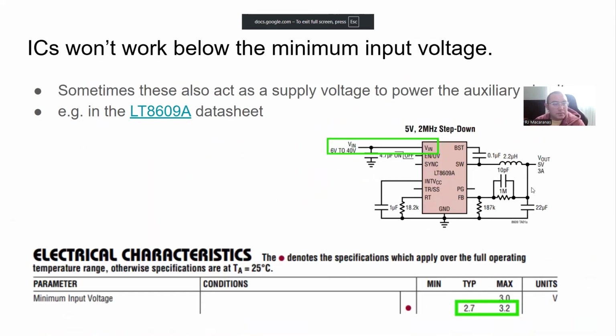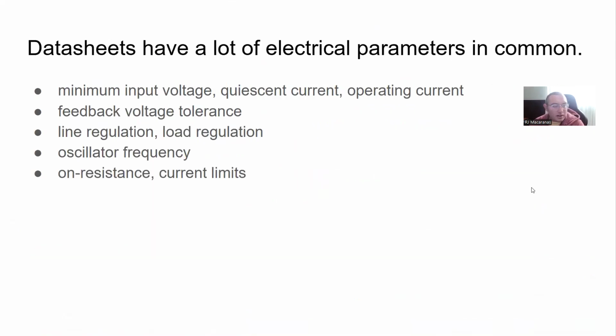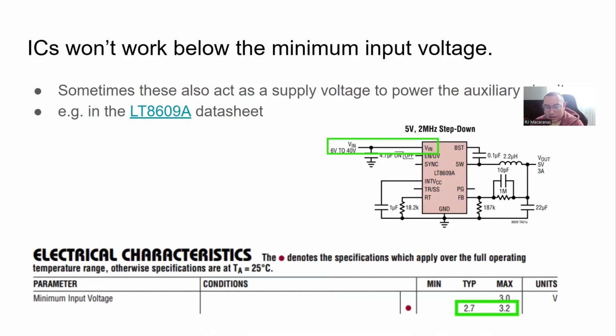All right. So first of all, we have our minimum input voltage, and this is the minimum voltage that's required really to power any auxiliary circuitry which is inside the chip. And sometimes this actually acts as a supply voltage, and sometimes it's just straight up the input voltage, right?